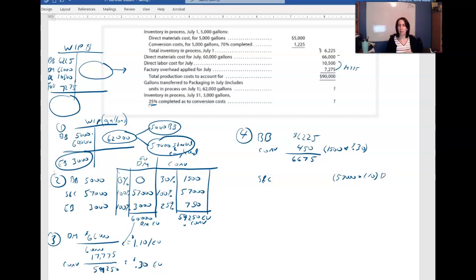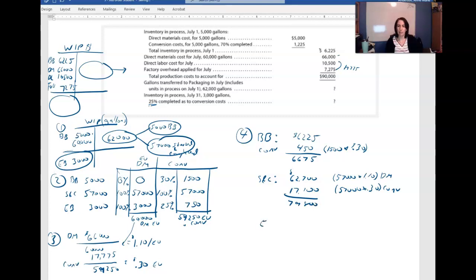That's the direct material piece, and that comes out to be $62,700. And they needed their conversion, 57,000 times 0.3 conversion. That comes out to be $17,100. So the total cost of finishing those units is $79,800.